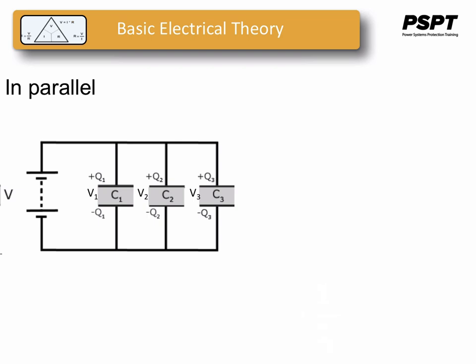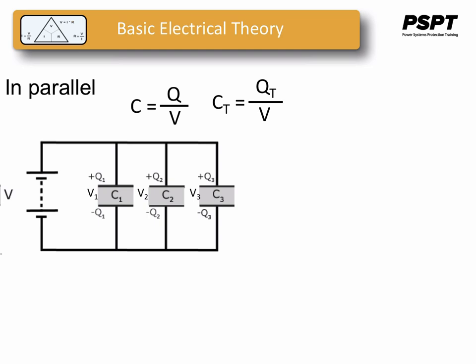Okay, let's see what happens when we connect capacitors up in parallel. As we see here in the diagram, C1, C2, C3 are connected in parallel across a DC supply voltage, which has a voltage V. We know that the definition of capacitance is given by Q, the charge in the capacitor, over the voltage drop across that capacitor.